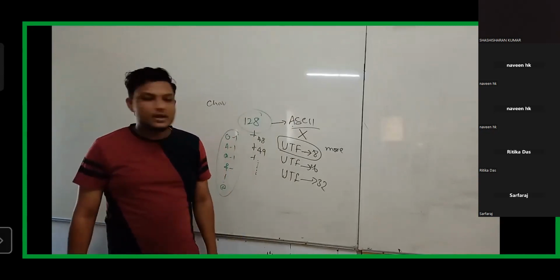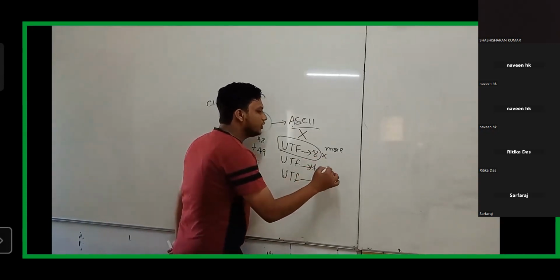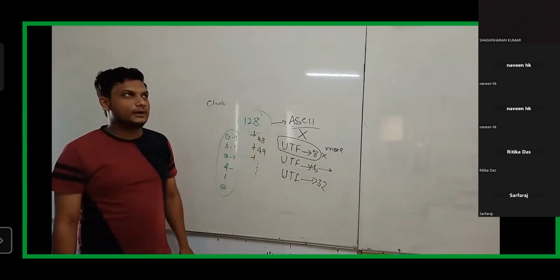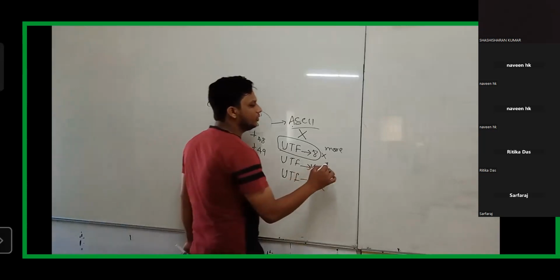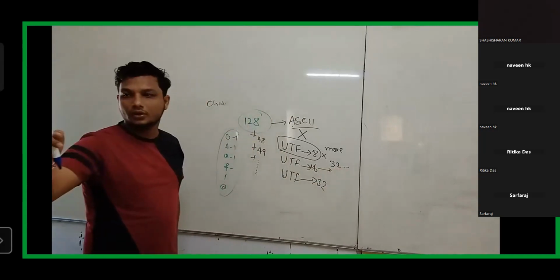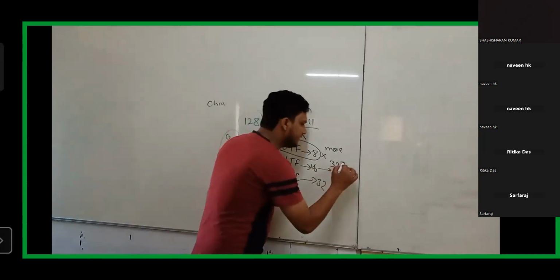So what happened? The Java people discarded UTF-8 also, and there is one more thing called UTF-16. UTF-16, if you ask for my remembrance, has more than 32,000 characters or something like that. What is the value of short? 32,768.